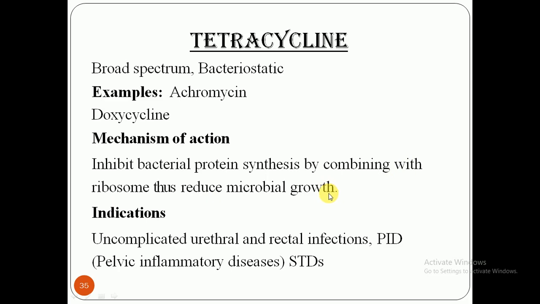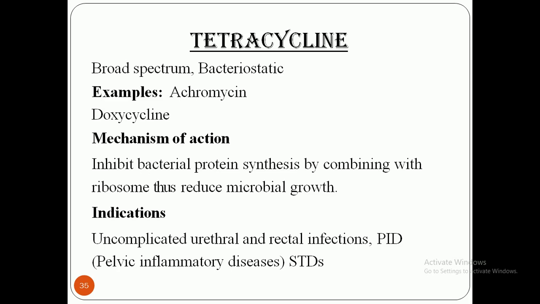What are the main objectives and main targets in order to target that particular area which becomes the cause of the disease? So you will have to target that microorganism, like this bacteria. Tetracycline is also called a bacterial protein synthesis inhibitor. Why is it called a protein synthesis inhibitor? Because it combines with the ribosome, and the ribosome is responsible for protein synthesis.